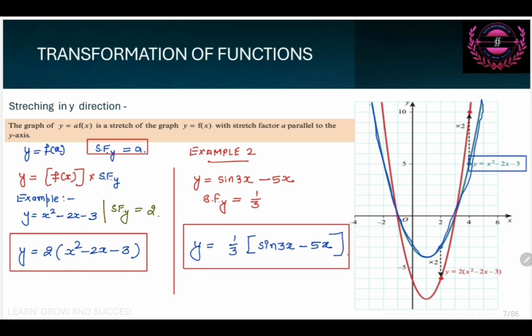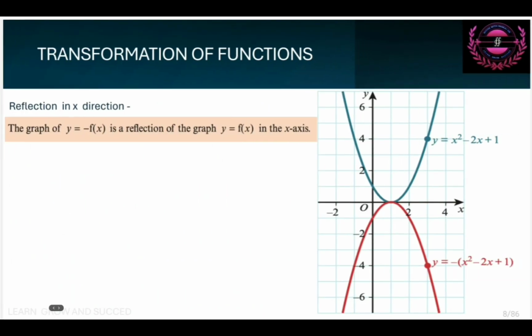Let's move to the next transformation. Reflection in x direction. This particular type of transformation is important, which is reflection. So we will understand it with the xy graph. Let's say we have a point in the first quadrant, and the coordinates of the point are x and y.